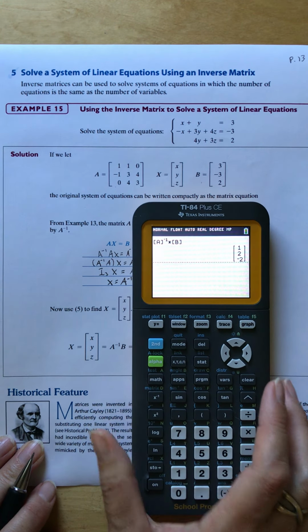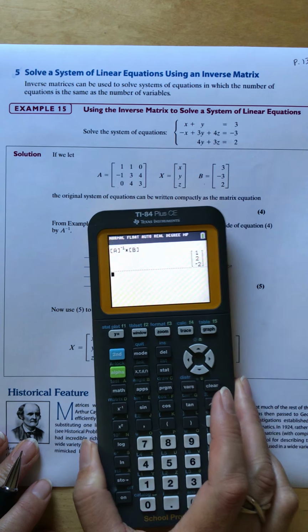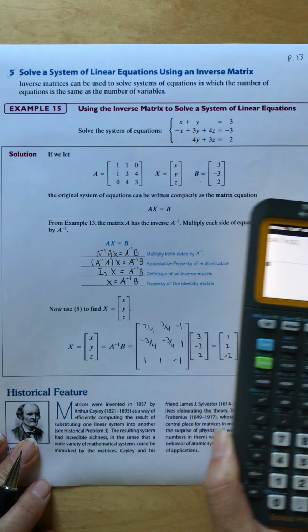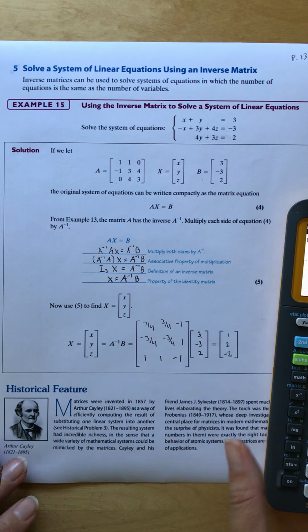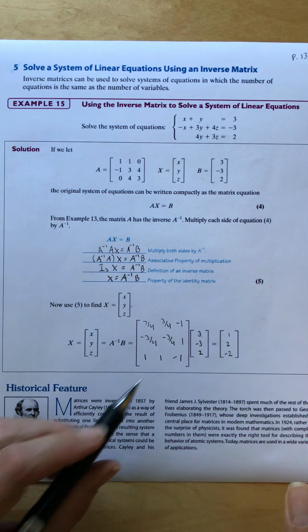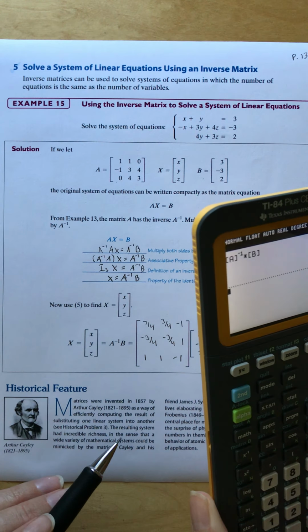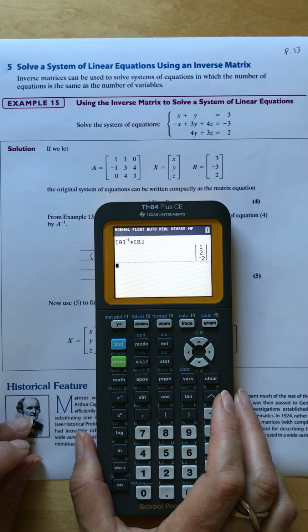It's the same idea as if you had done a reduced row echelon form, but the idea is that you are using the inverse of a matrix to solve a system, just an interesting different method of solving a system. But you have to be able to find the inverse, and if you're going to find the inverse, you're going to use a calculator. If you're going to use a calculator, you probably would just use reduced row echelon form.